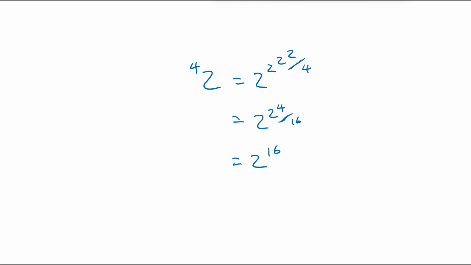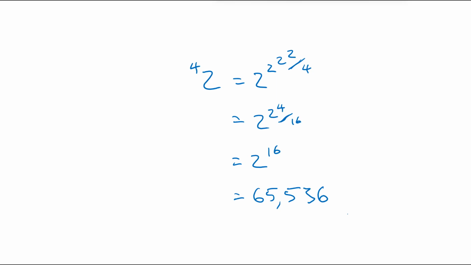When we punch in 2 to the power of 16 on the calculator, we get an answer of 65,536. So 2 to the 4th tetration is equal to 65,536. Now 2 to the 3rd tetration was only equal to 16. So you can see we're jumping up quite a lot, quite quickly.